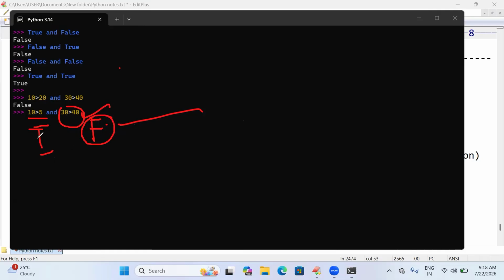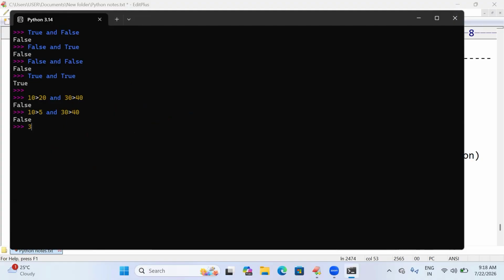For this entire logical expression, the output is false.